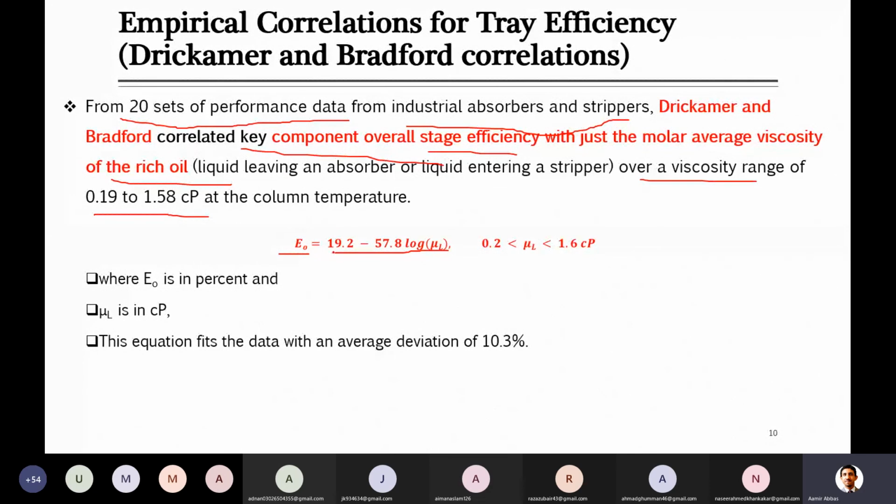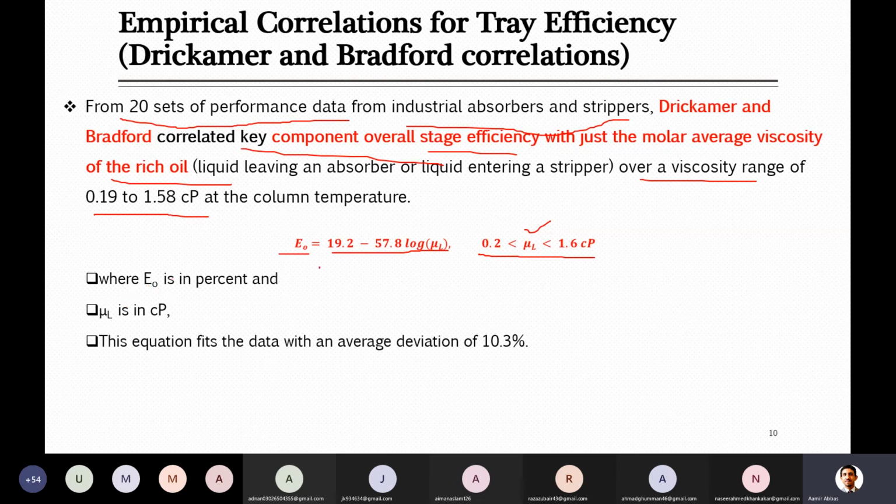So this was a very simple equation: E0 is equal to some constant plus another constant times log of mu L, where mu L is the viscosity of the liquid which you are using as an absorbent, and its range is 0.2 to 1.6 centipoise. In this range, this is valid. If you are using, for example, a hydrocarbon system, and the viscosity of the absorbent liquid varies from this range, then this equation is not valid.